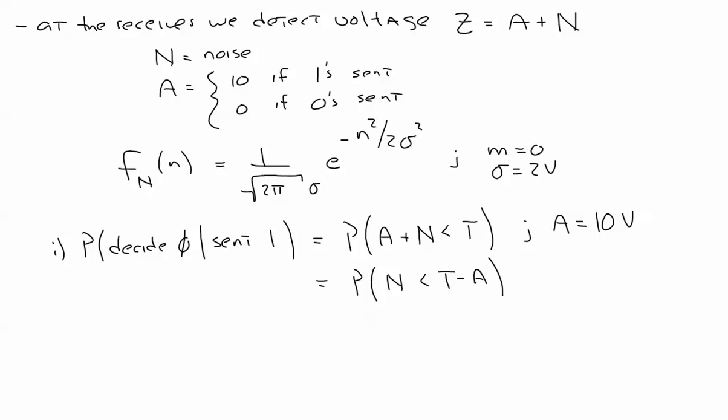So notice that in virtually all practical cases, my threshold is going to be less than A, so that T minus A is less than 0. Okay? Let's go to the next page. Let's sketch out my noise voltage probability density function.